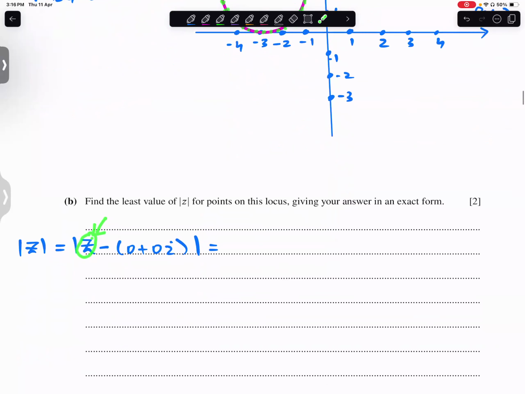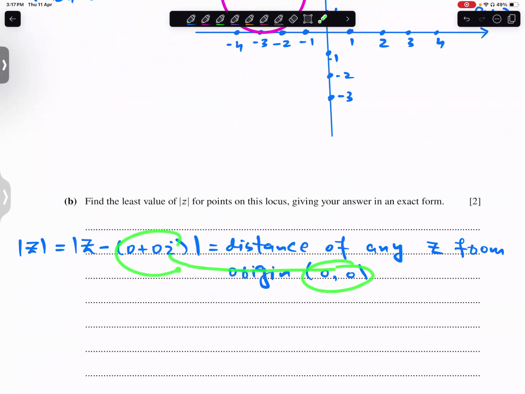So the definition of mod of z minus (0 plus 0i) is the distance of any z from the origin. Why origin? Origin is actually 0 comma 0. This 0 plus 0i is here.